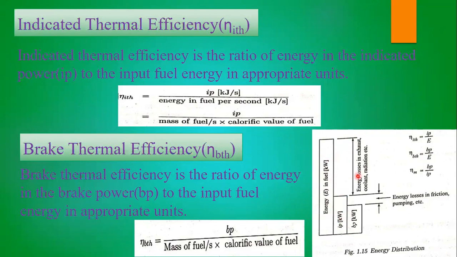There are several losses like exhaust, coolant, radiation, etc. Some temperature is produced, and some of the energy is carried away by the exhaust gases, and also by the coolant which we have provided surrounding the engine, and also by radiation. Here, what is radiation?